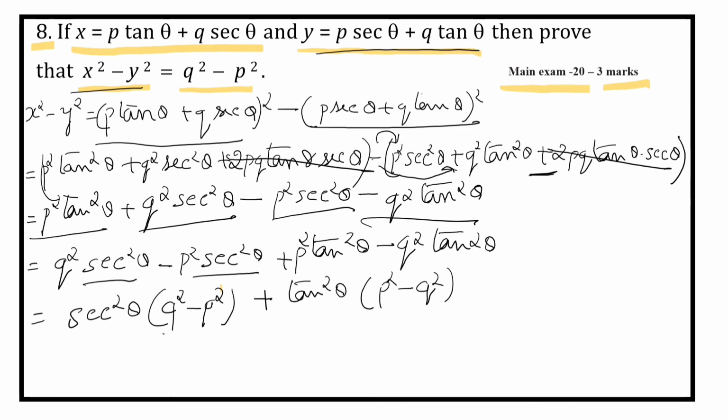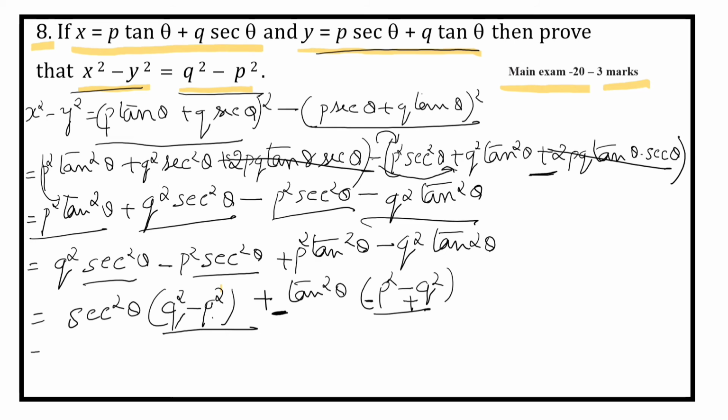Here observe, here it is q square minus p square, here p square minus q square. We want q square minus p square. So let us change this sign of tan square theta. Then this becomes positive, this becomes negative.